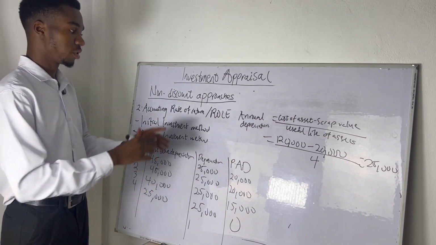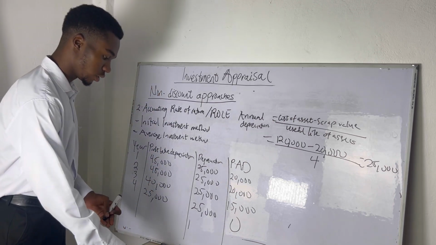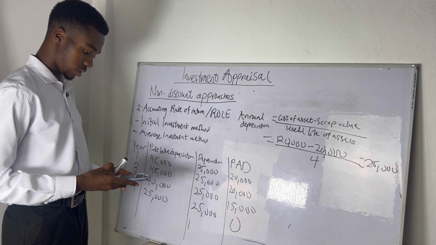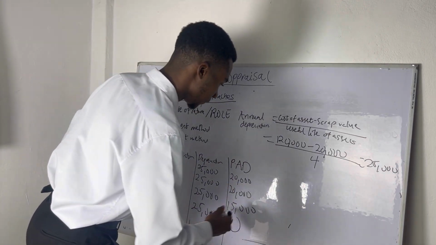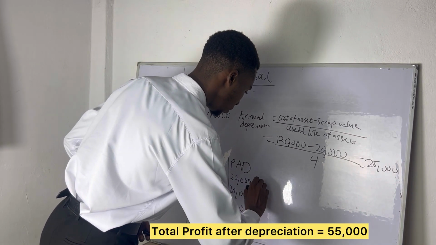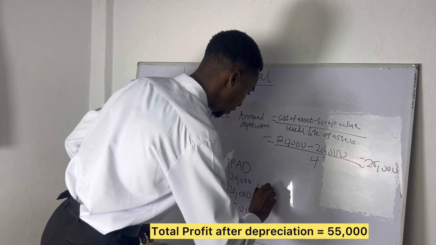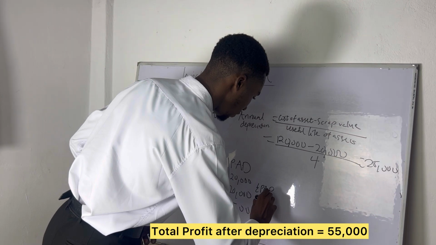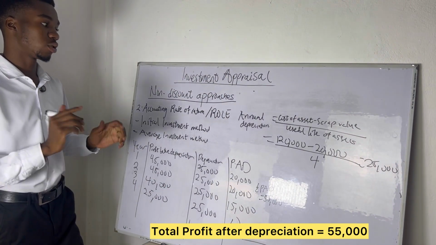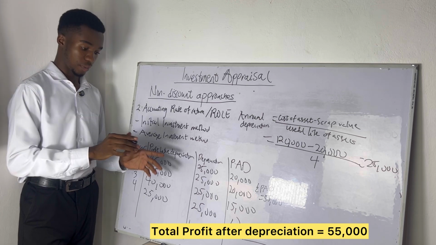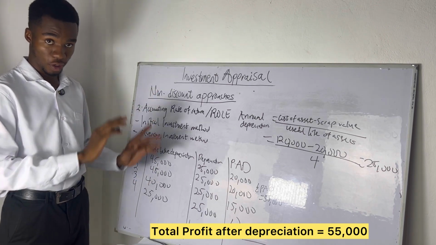So when we add 20,000 plus 20,000 plus 15,000, we're getting 55,000. So our total profit after depreciation is 55,000 cedis, meaning that this is the actual profit you are getting from this particular investment for all the 4 years.